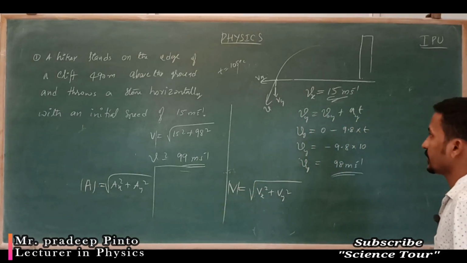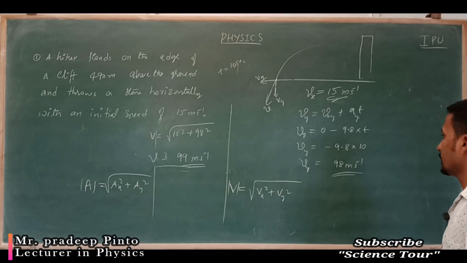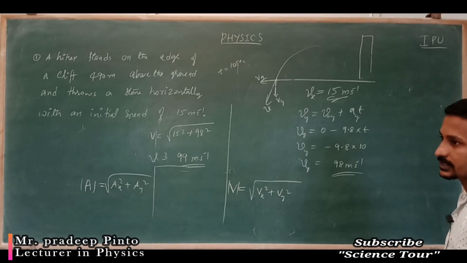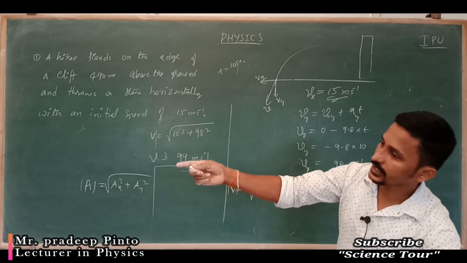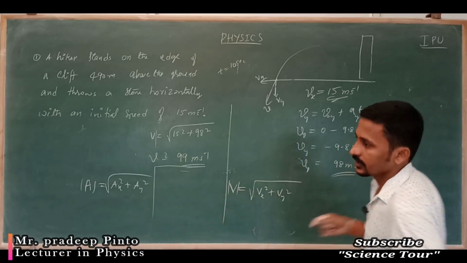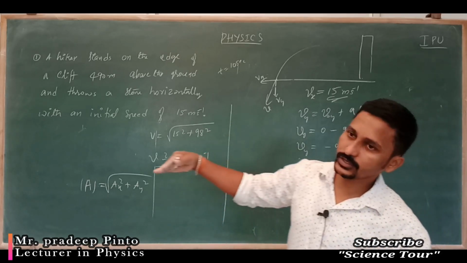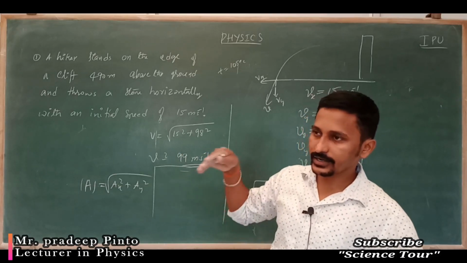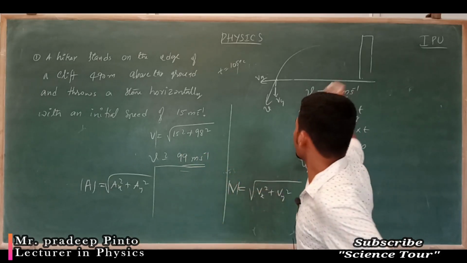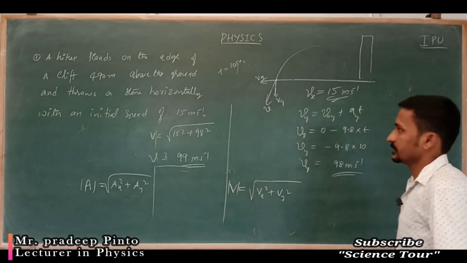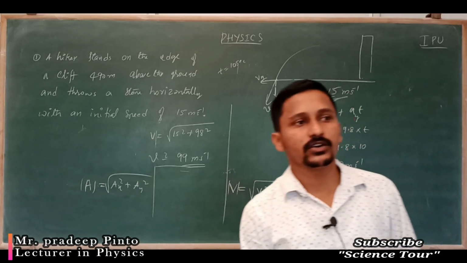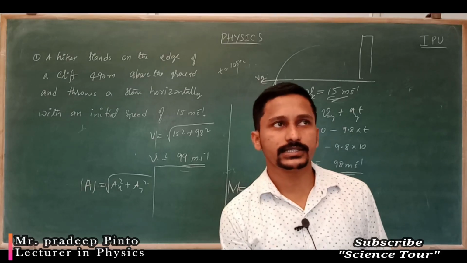It is the vector sum, not a simple sum. So it moves 98 meter per second in the y direction and 15 meter per second in the x direction. Together, both added give one direction of velocity, which is 99 meter per second. Once again go through it. So you understand the concept.